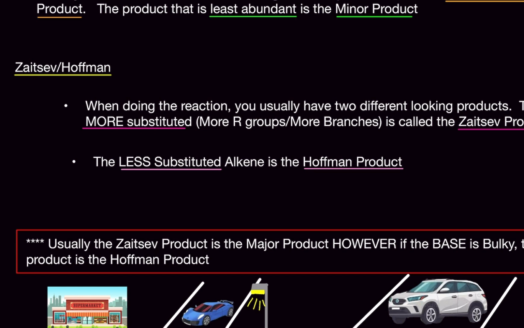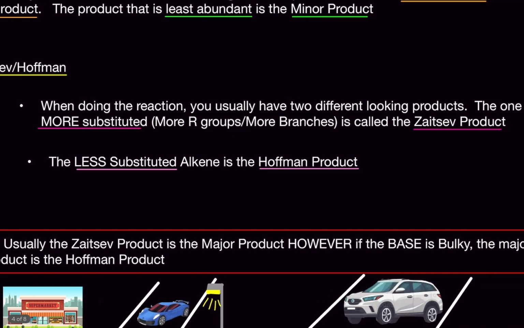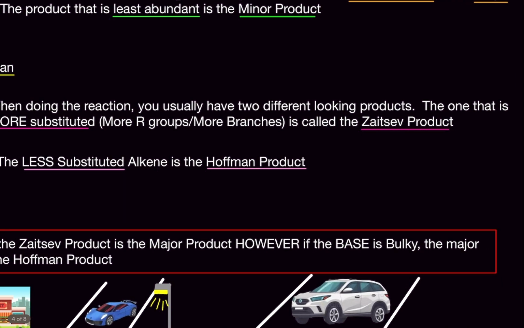Because remember, when something is more substituted, it is more stable, it is more safe. This parking spot is safe, okay? Now, say you have a huge SUV or one of those lifted pickup trucks. You won't be able to fit in that narrow parking space near the front of the store. So you have to park all the way in the back, right?